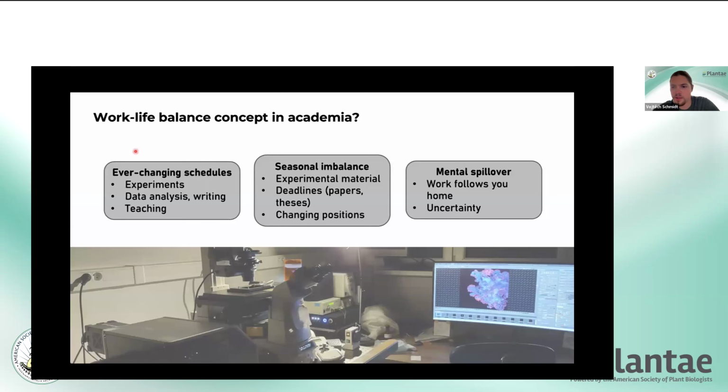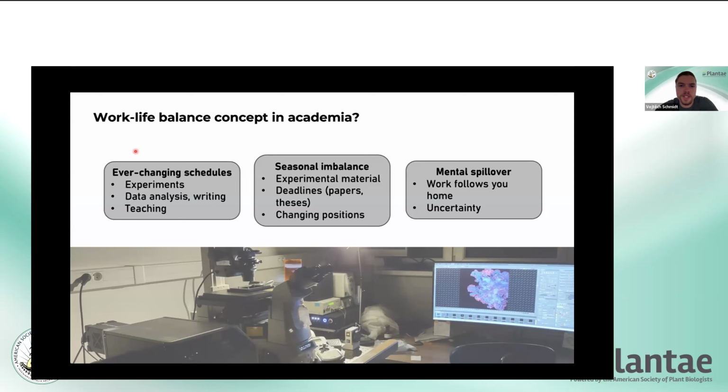You are adjusting your time for your experimental work, which is different from when you are analyzing your data, writing, and also teaching. So not every day is the same in academic work, and this is also an advantage: it is not static, it's quite versatile, and it's actually what I like about work in the academic world.